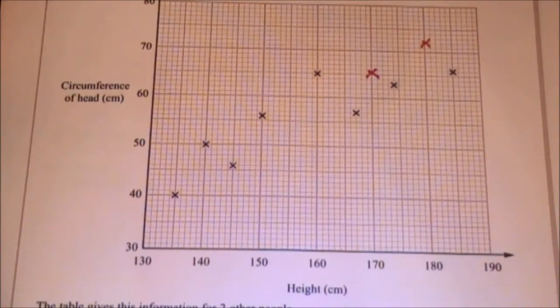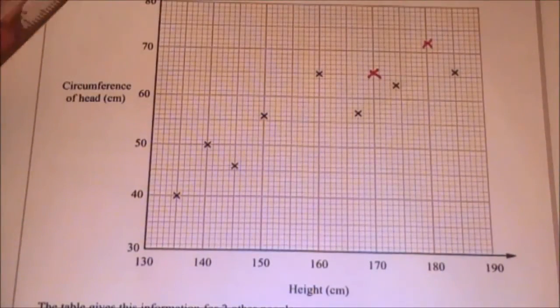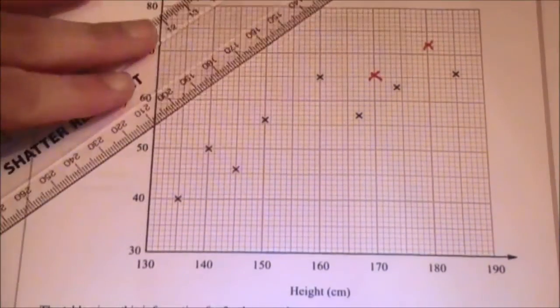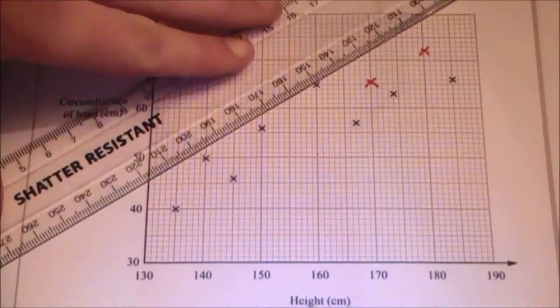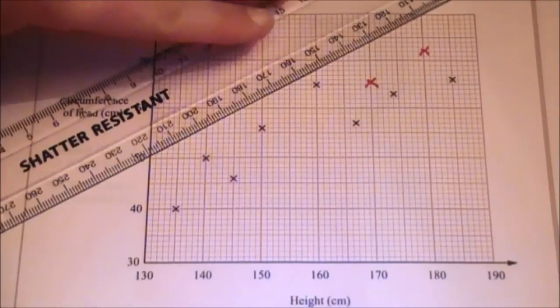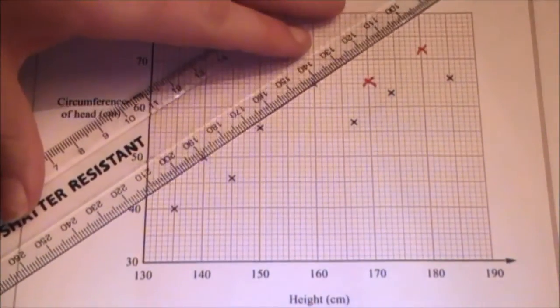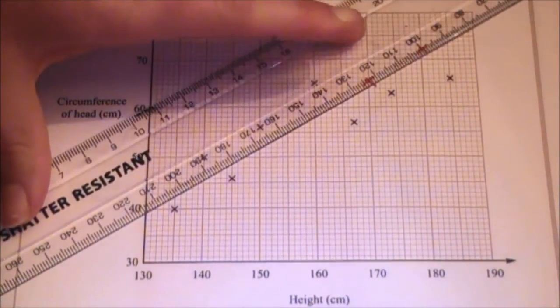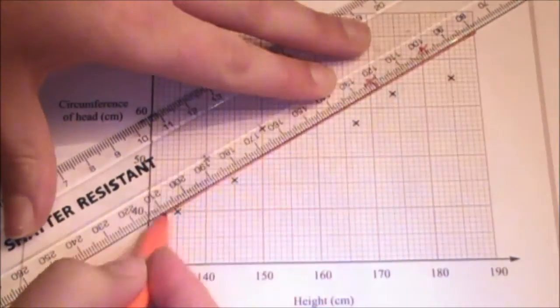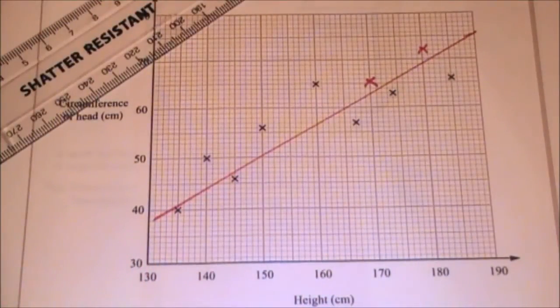It doesn't have to be perfect, but it has to be pretty accurate. So I'm going to do my line of best fit. So there's my line of best fit.